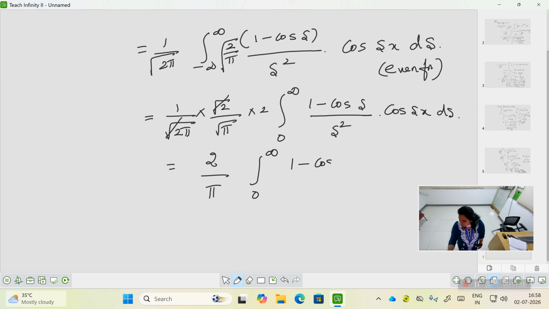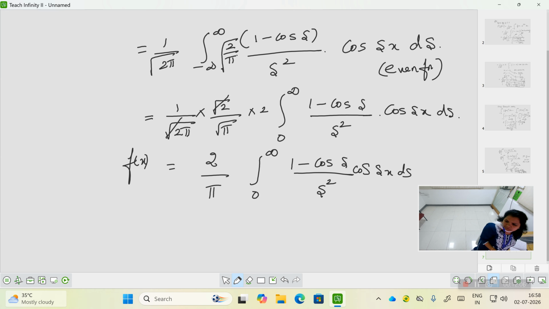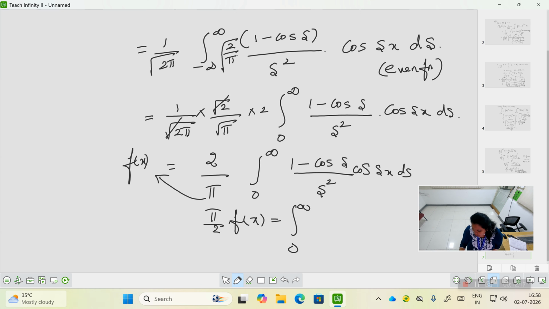Okay, 0 to infinity of 1 minus cos s divided by s square cos sx ds. So this is, you are having f of x here, is it? f of x you are having here. So bring the term to the other side. Pi by 2 f of x is equal to the integral from 0 to infinity of 1 minus cos s divided by s square cos sx ds.